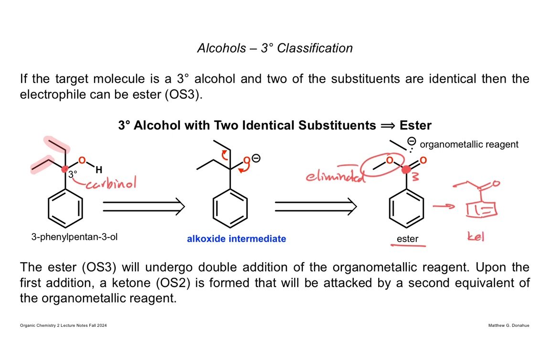So it forms a ketone, which is now at oxidation state 2, and then that adds another equivalent of that carbon anion to give you your alcohol. So what you're looking for is, again, if 2 of the substituents are the same. So we call that a double addition.